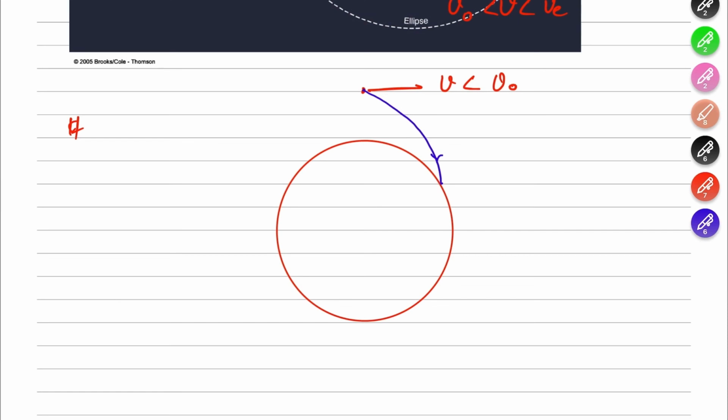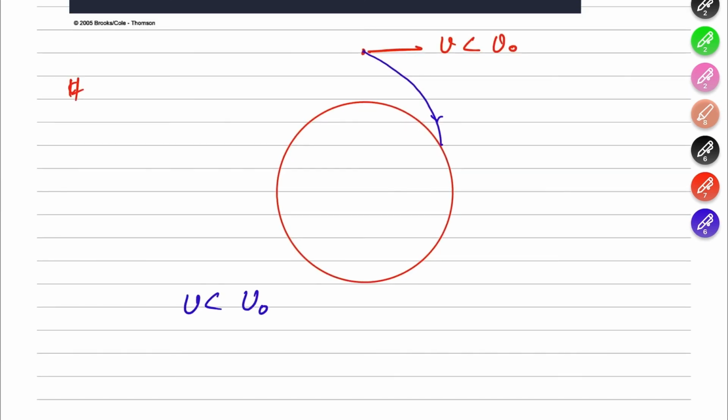So the important part is that if velocity is less than the orbital speed, the path obviously will be elliptic. If there were no earth, it would have followed the elliptic path. The velocity should be such that it should not intersect the earth.